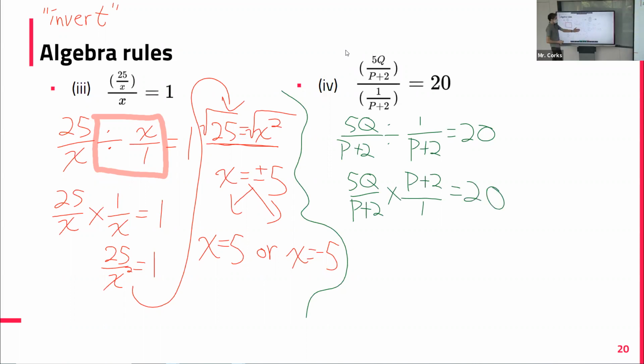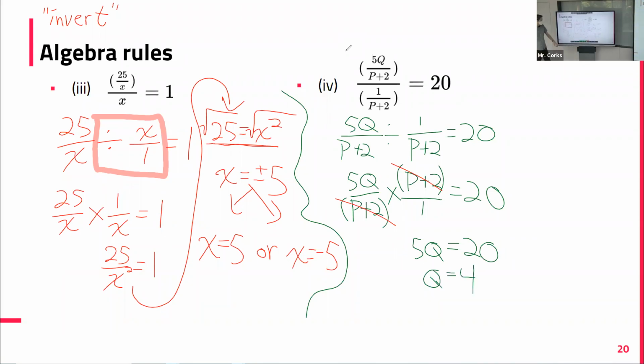Okay, from this stage, it's pretty clear we have the same thing on the top and the bottom. These can be canceled out very cleanly. And 5q equals 20, so q equals 4.